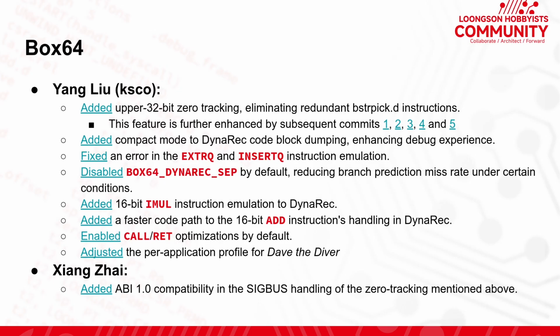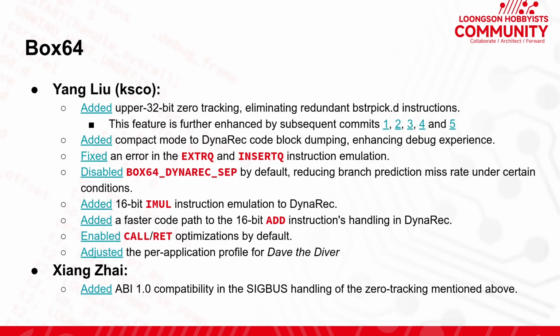Next, we decided to disable the Box64 dynamic SEP by default. SEP means secondary entry points. So besides the main entry point for a translated code block, there can be multiple secondary entry points. This feature can be used to save some memory because it allows the code flow to jump to a secondary entry point from another block.